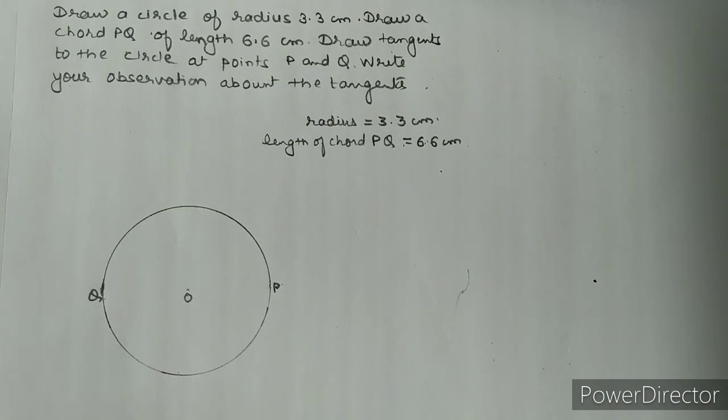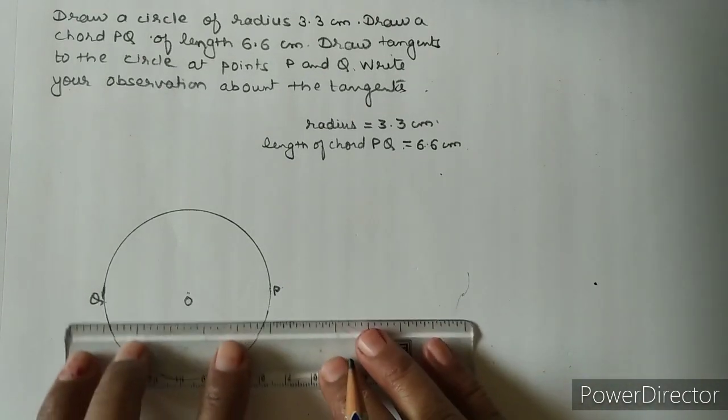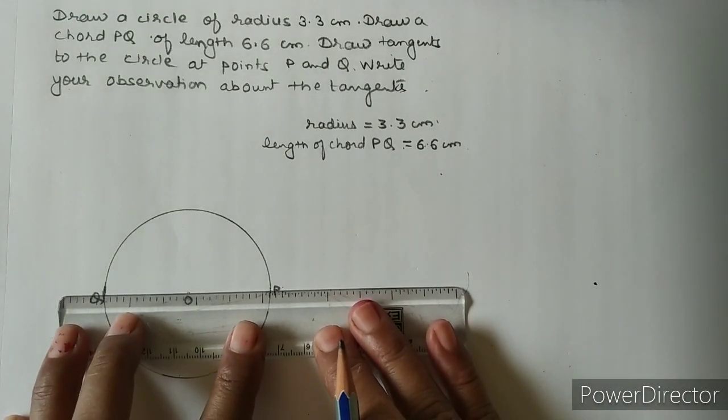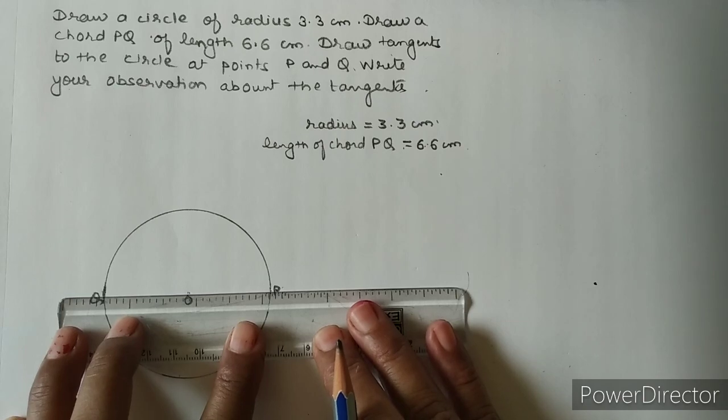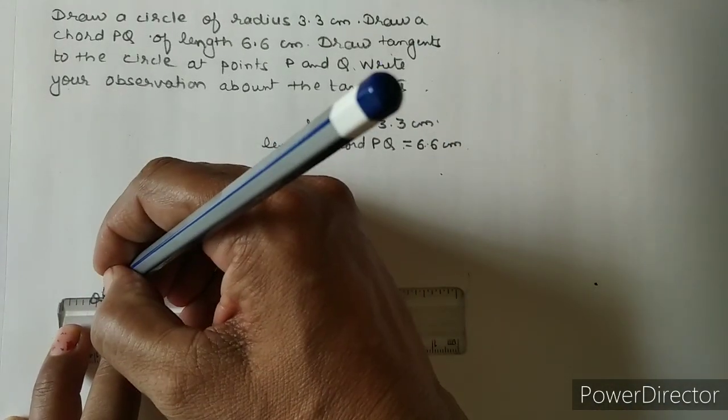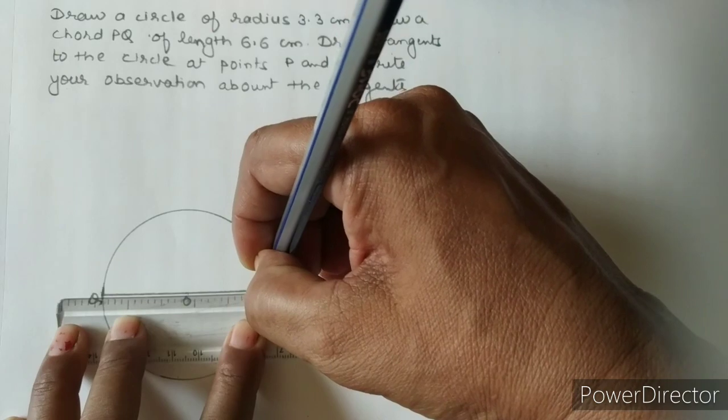Now draw chord PQ. This chord passes through center because diameter is the largest chord, right?